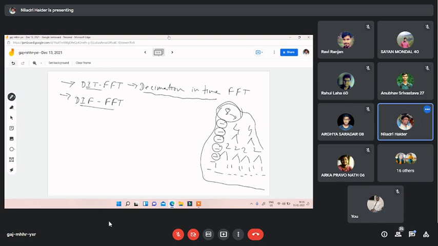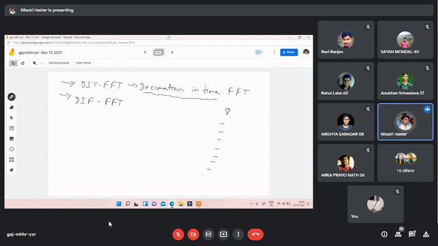So for that case, what are the steps you will follow? First step, DIT FFT. This algorithm will be operated over a sequence. Suppose the sequence size is n.